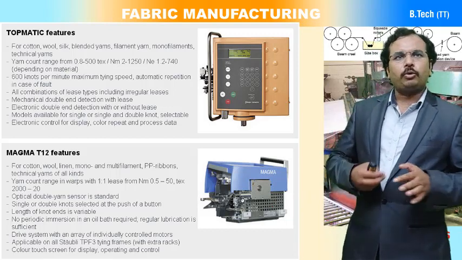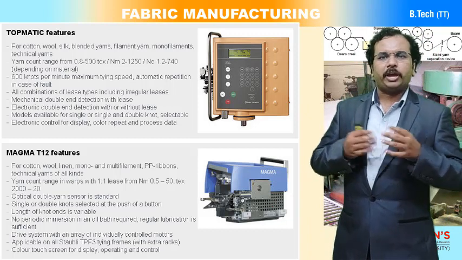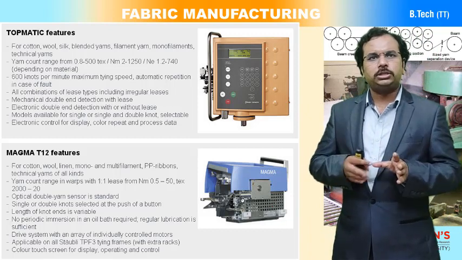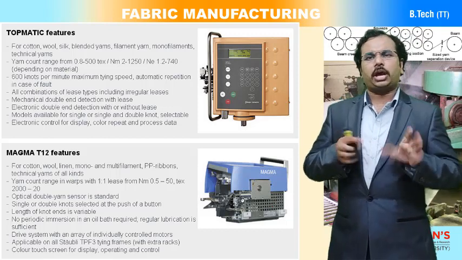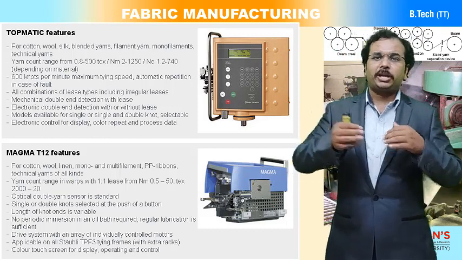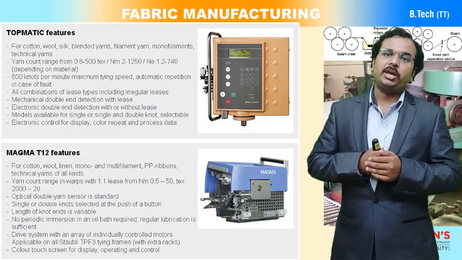Okay. And you can go for vast varieties of yarn types or fiber types and counts. Multi-filament or any kind of filaments or yarns can be produced, that depends upon the type of manufacturer or the type of equipment we have.